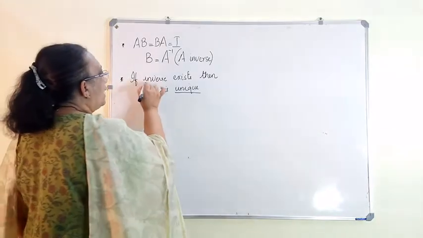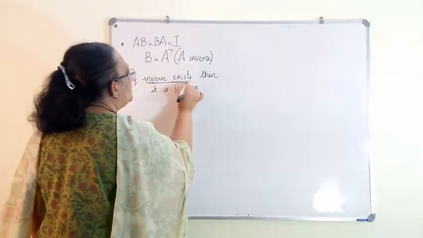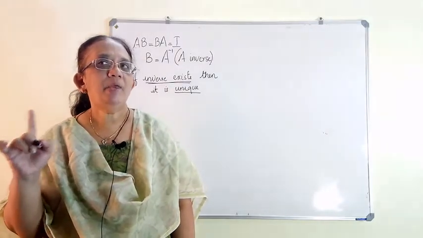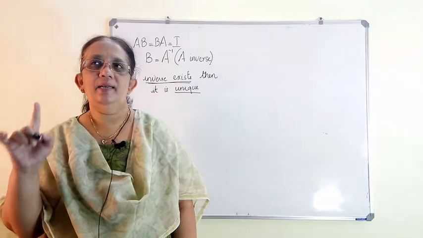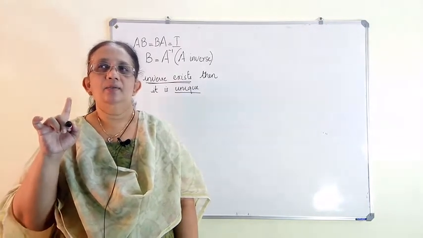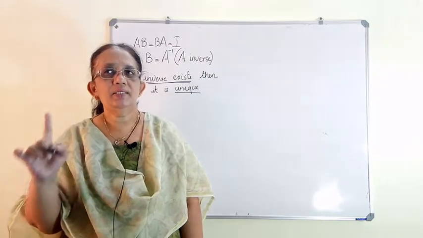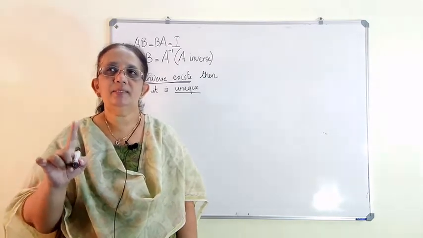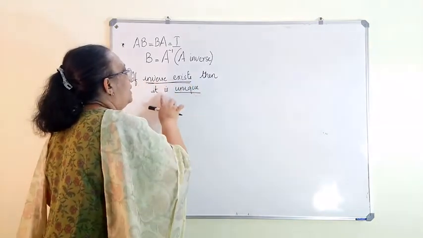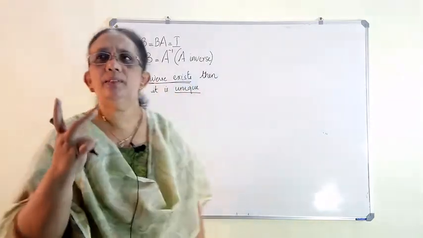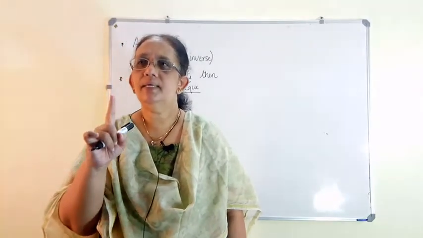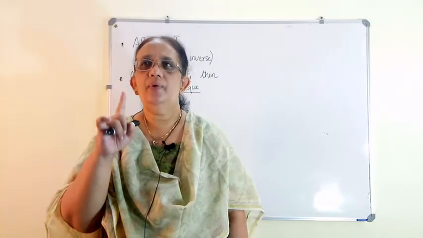If inverse exists, so there are cases in which inverse may not exist. So you have to understand, for all matrices, inverse need not exist. For some matrices inverse will exist, for some matrices inverse will not exist. But if at all inverse exists, then it is unique. What is the meaning of unique?